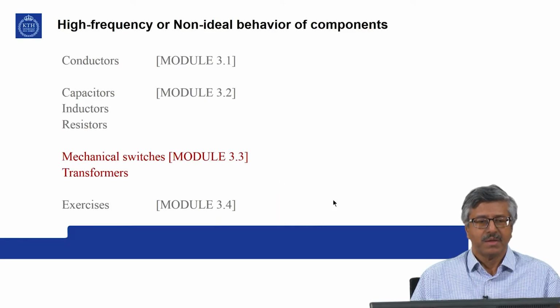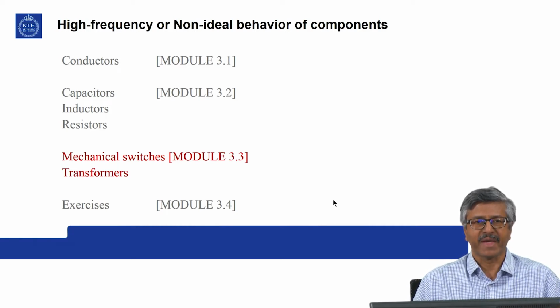Welcome to module 3 of chapter 3 on high frequency behavior of electrical components. Now in this module we will look into the behavior of real mechanical switches, how they produce noise, the noise suppression techniques, and about the transformers, real transformers.